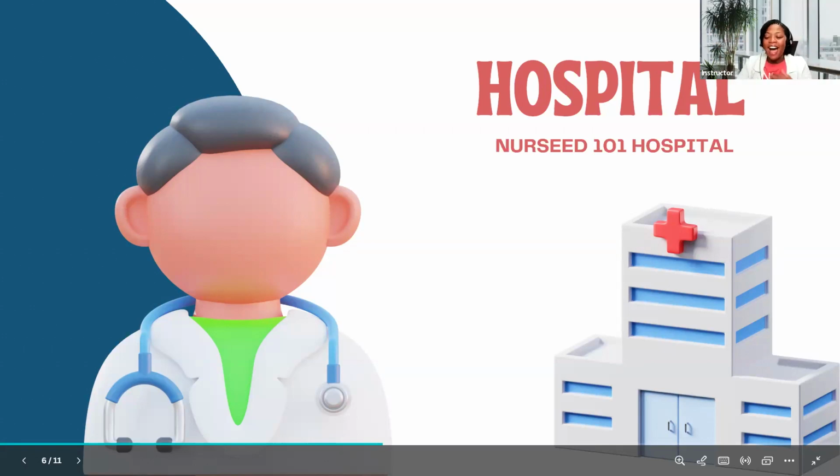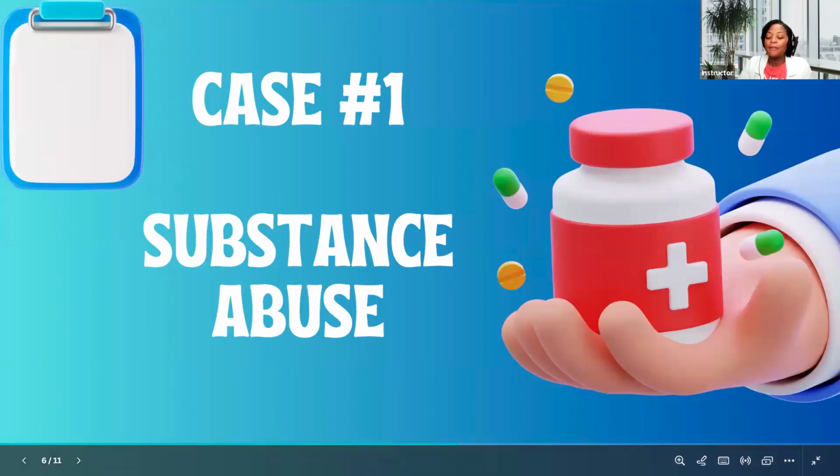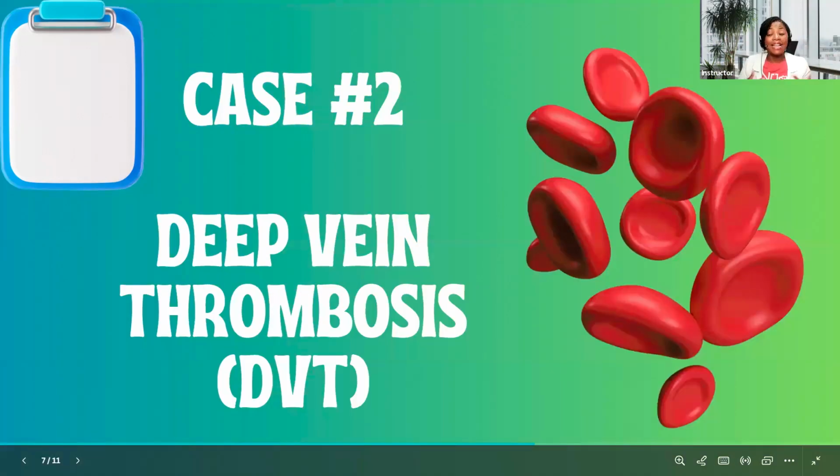All right, so our first patient case, it's going to be taking care of a patient dealing with substance abuse. All right. So that's going to take us to our first case, followed by our second case. We're going to be dealing with the patient that has a DVT, which stands for deep vein thrombosis.